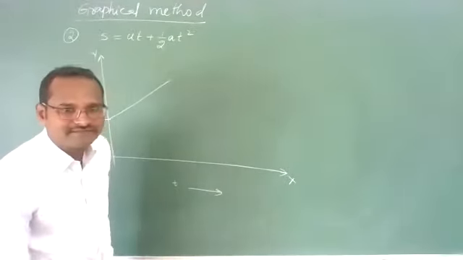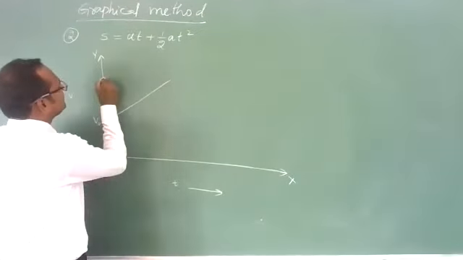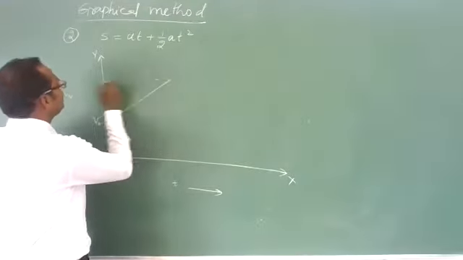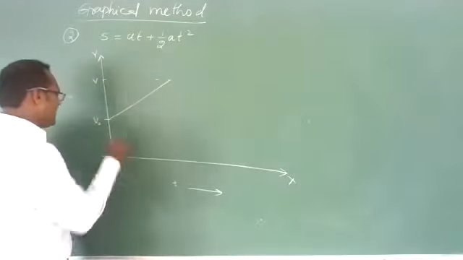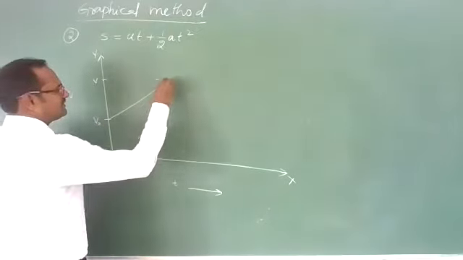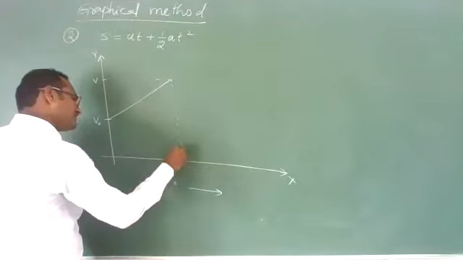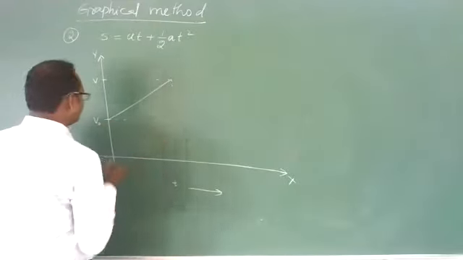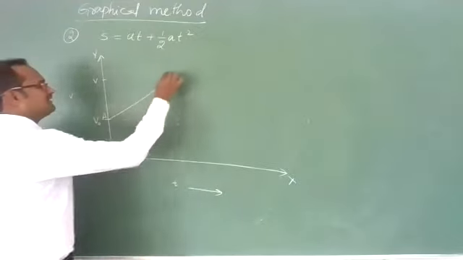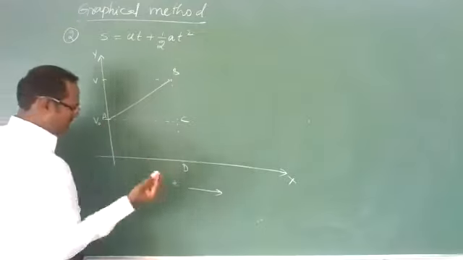Now let us imagine this is the final velocity that it will attain, V. Draw one perpendicular to the x-axis and one perpendicular to this line. This is A, this is B, this is C, D, and O.